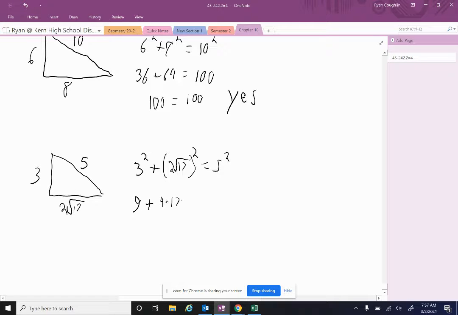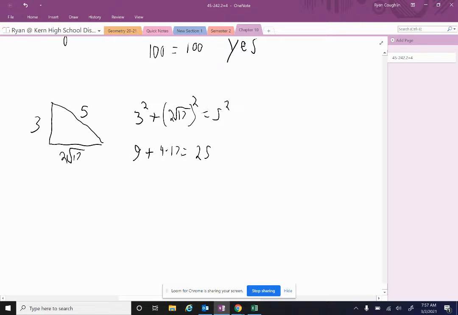So this would be 4 times 17 equals, on the other side, 25. So 9 plus, well, 4 times 17 is going to be 68. So this one is actually nowhere close. 77 does not equal 25, so it would be no.